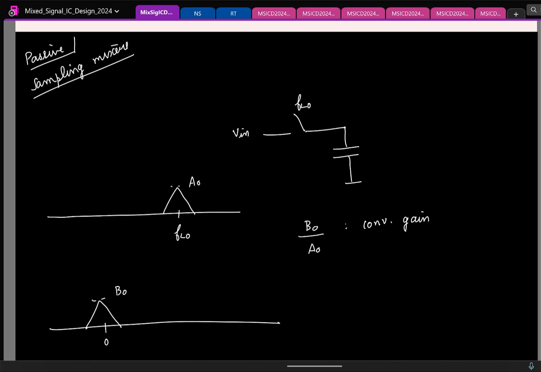In practice, we make a slight modification to this. Instead of having just one branch that is tracks the input in one clock phase alone, we typically have two of them, let's say phi 1 and phi 2, feeding the same signal.